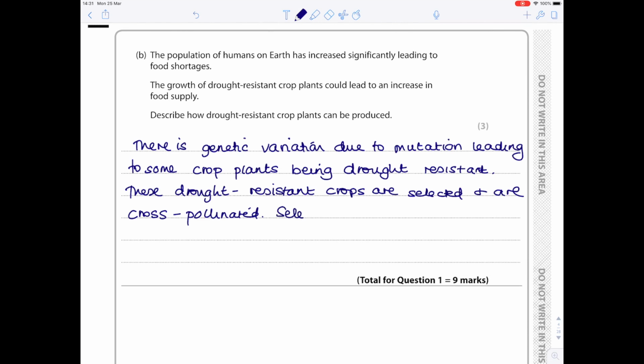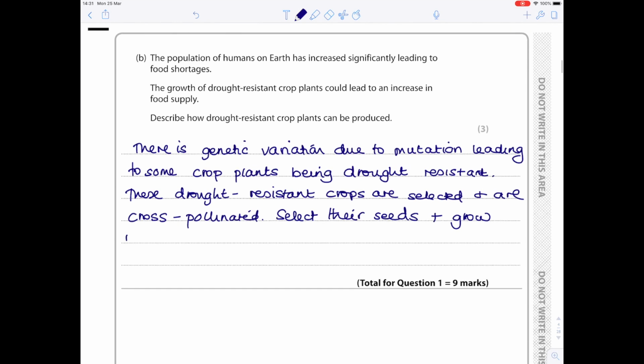Then select their seeds and grow these seeds under drought conditions, because you're trying to increase how resistant to drought they are. Crucially, with selective breeding, you've got to repeat this process for several generations.